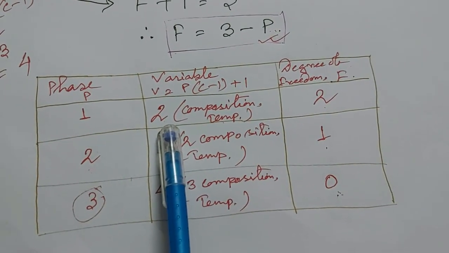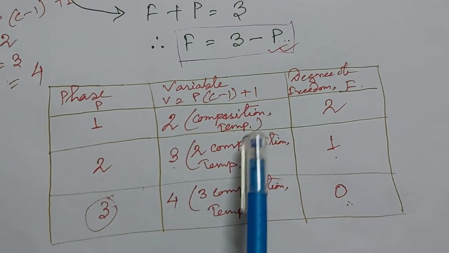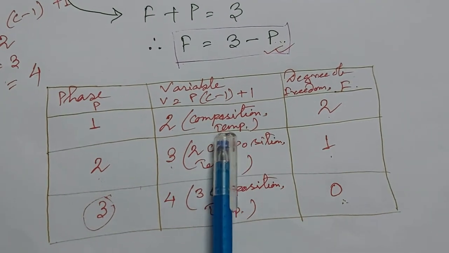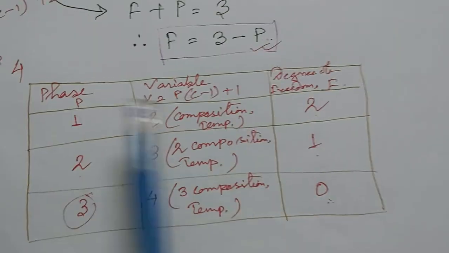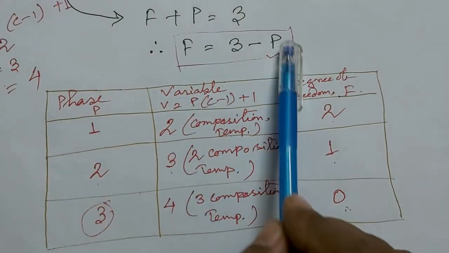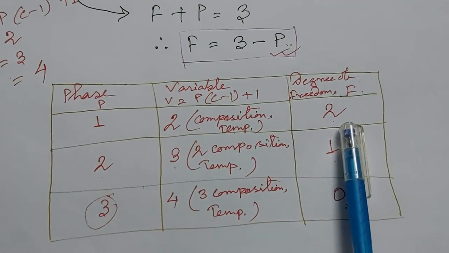What are these two variables? One is composition variable, another is the thermodynamic variable, which is temperature. And if we put this into the formula, we will get degree of freedom is equal to 2.